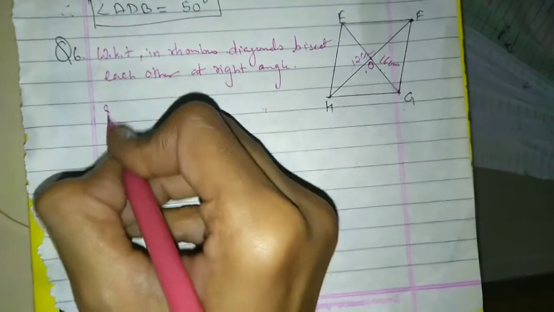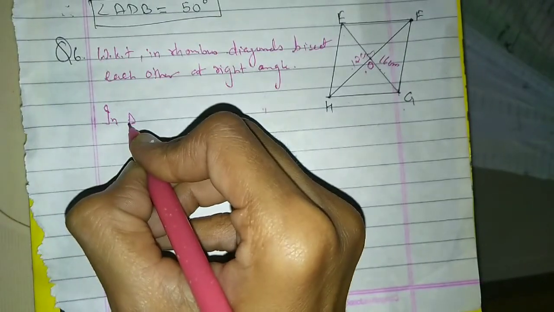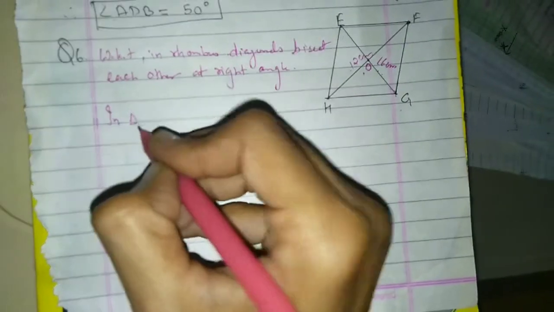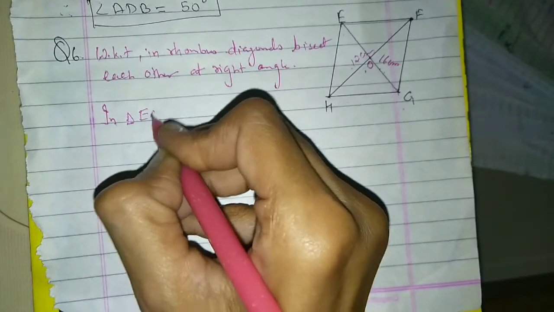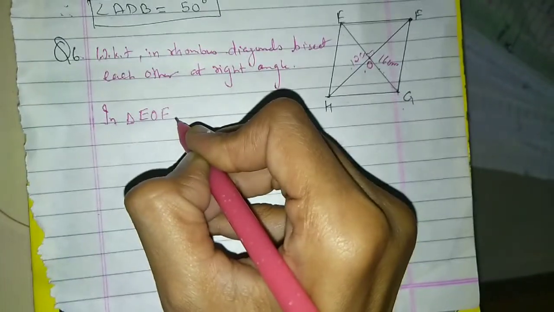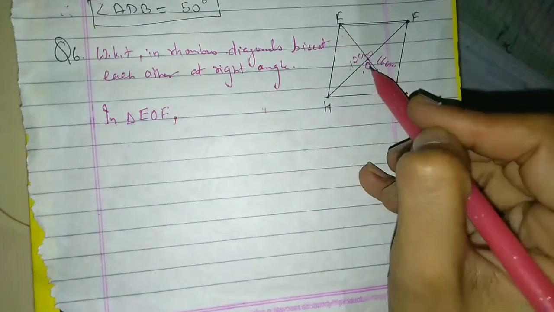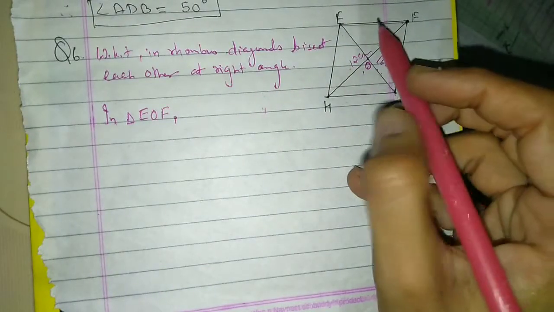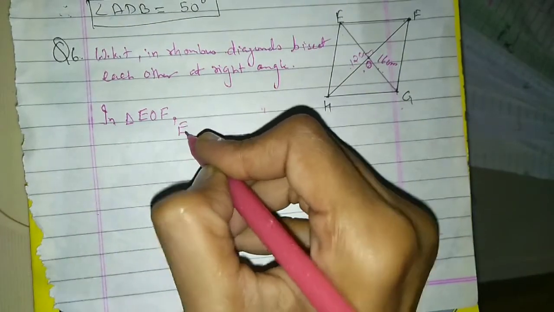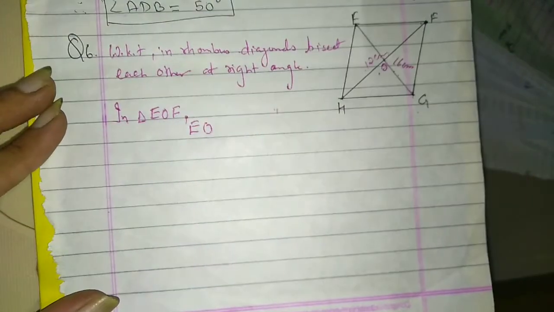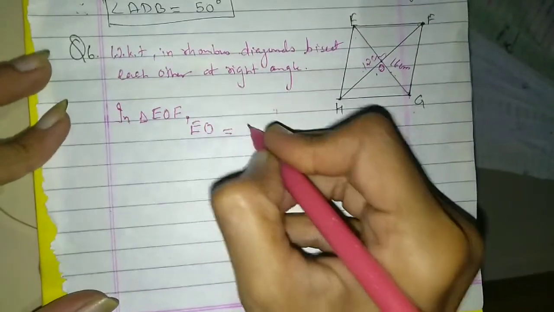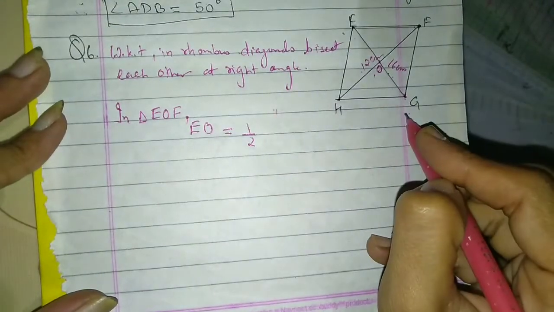Okay, so in triangle EOF, I am taking EO is equal to half of EG.